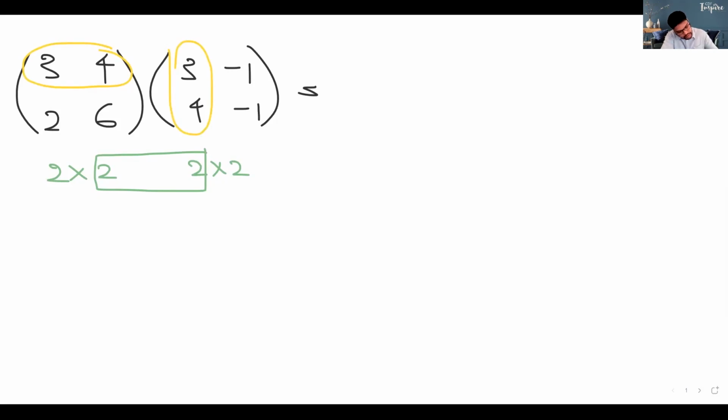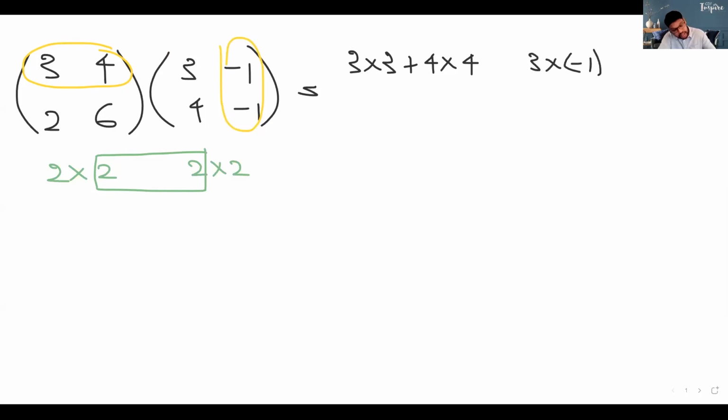So we have 3 times 3 plus 4 times 4. That's the first element. Now children, when we finish the first column, we move to the second column of the second matrix, right? So that comes as 3 times negative 1 plus 4 times negative 1, right?